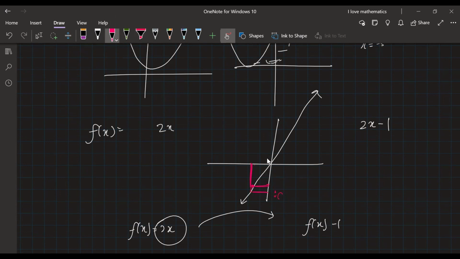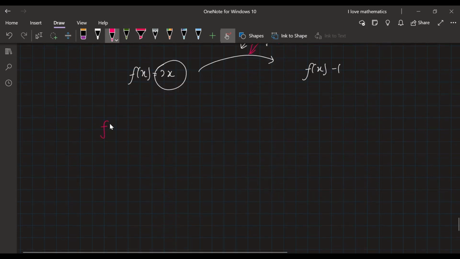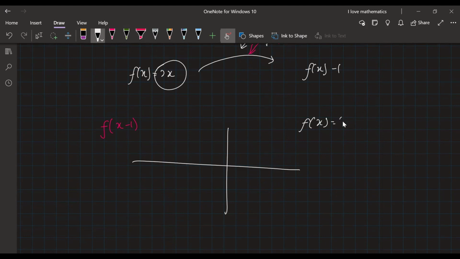So it would be just like this. The graph shifted 1 unit downwards in the y direction. But what would be the graph of f of x minus 1 here, where f of x is 2x? Let's plot. According to our theory, which we have written earlier, it should shift in the right direction, right?